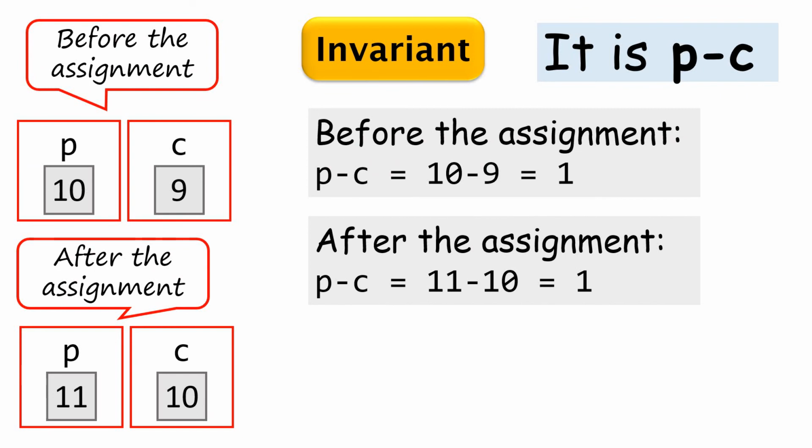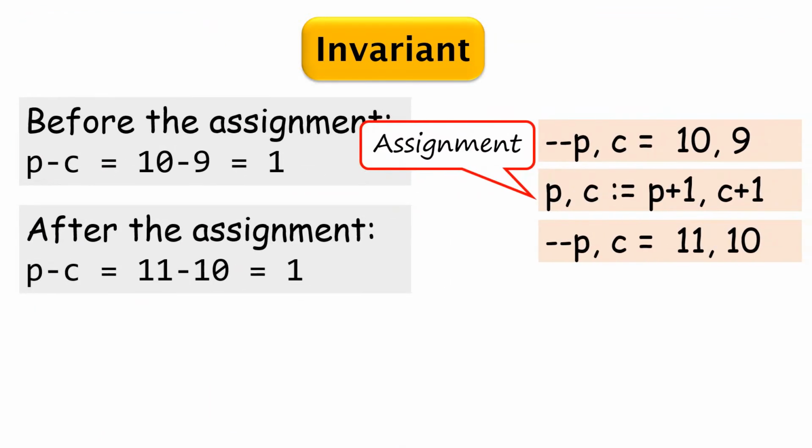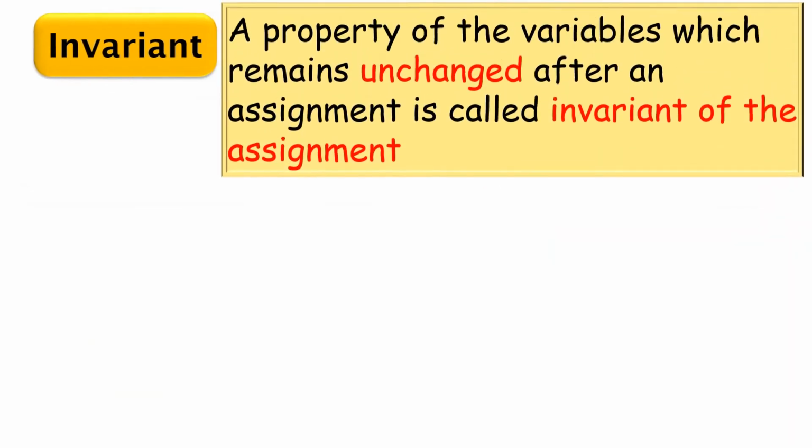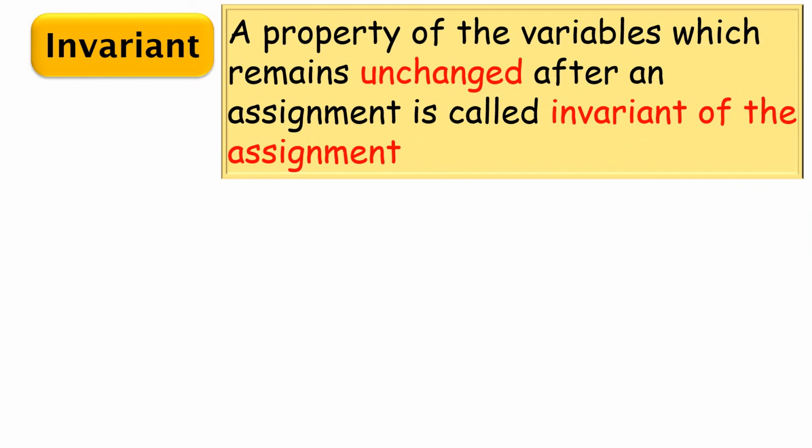The value of p - c remains unchanged before and after the assignment. Therefore, p - c is an invariant of the assignment. Now we can define the term: a property of the variables which remains unchanged after an assignment is called an invariant of the assignment.